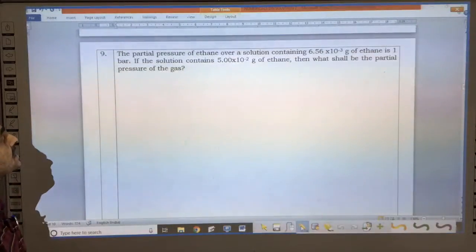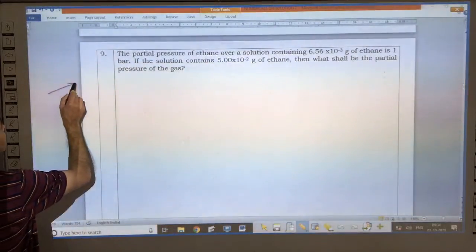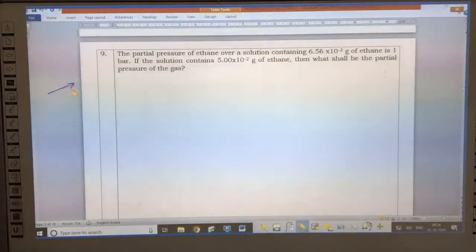The partial pressure of ethane over a solution containing 6.56 into 10 to the power minus 3 gram of ethane is 1 bar. If the solution contains this much ethane, then what shall be the partial pressure of the gas? We have to calculate the partial pressure. Okay, now let us solve it.